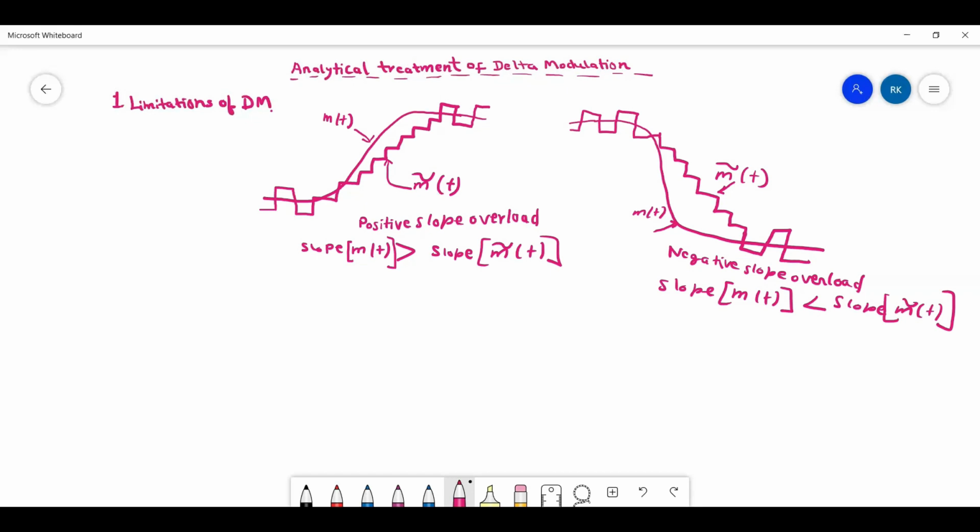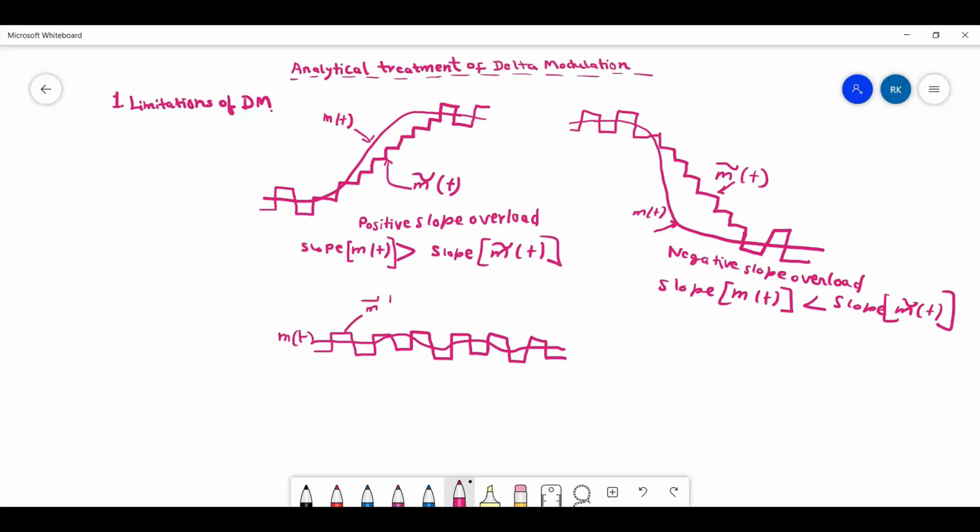Now, suppose there is a very slow varying signal. A signal is varying very, very slowly. This is the m(t), and we are trying to approximate it using a staircase function with a fixed step size. Something like this will emerge.